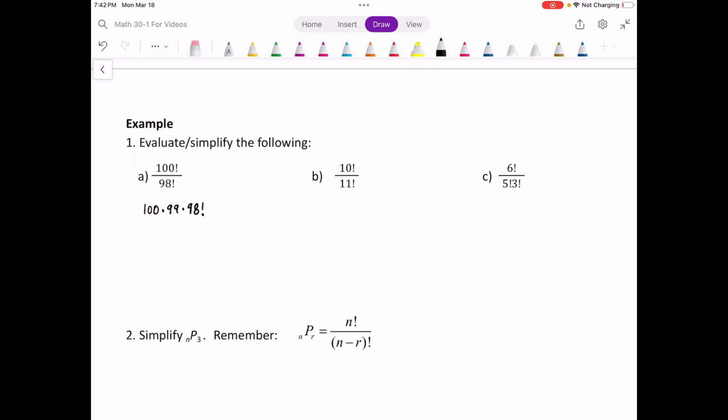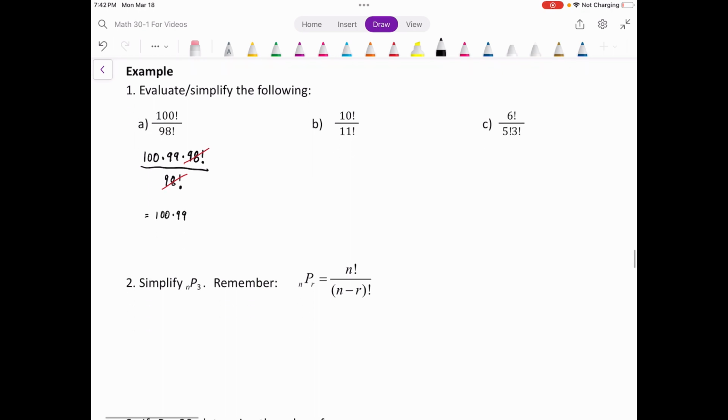I'm choosing to stop there because we're dividing this by 98 factorial. So I've rewritten 100 factorial as 100 times 99 times 98 factorial. If I divide that by 98 factorial, well, 98 factorial is just a number. It's a very large number, but it is a number. So 98 factorial over itself is just 1, meaning that this is just 100 times 99.